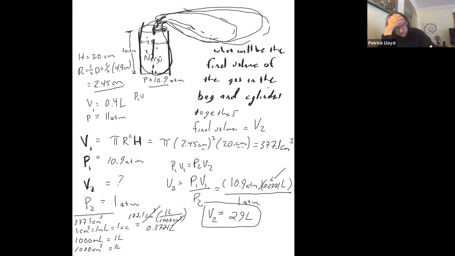So P1V1 equals 4.4, right? So that means P2V2 has got to equal 4.4. And if our final pressure is 1, that means V2 has got to be 4.4, right? So there's something wrong with my reasoning here.